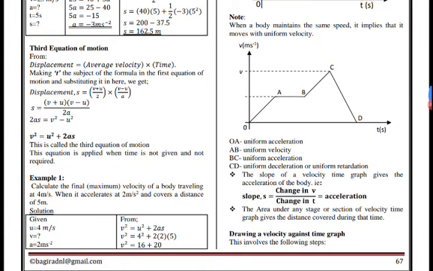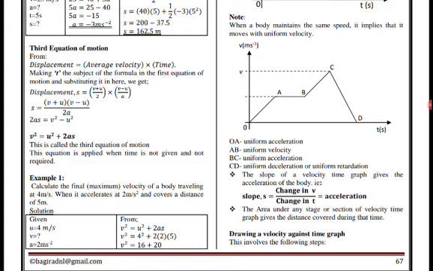An example: calculate the final velocity of a body traveling at 4 meters per second when it accelerates at 2 meters per second squared and covers a distance of 5 meters. They are asking for the final velocity.